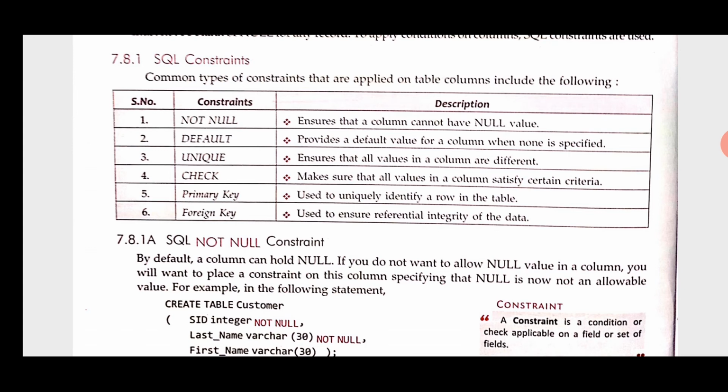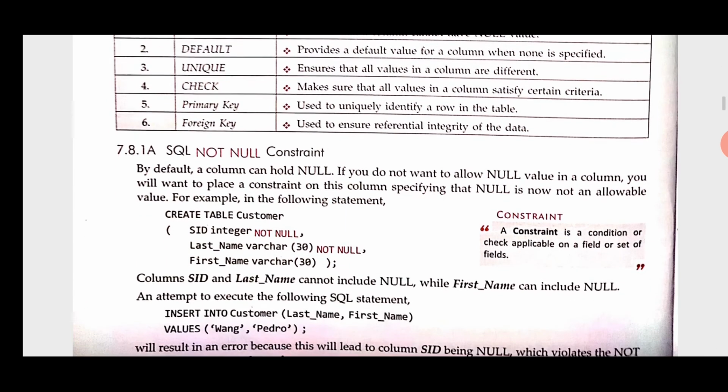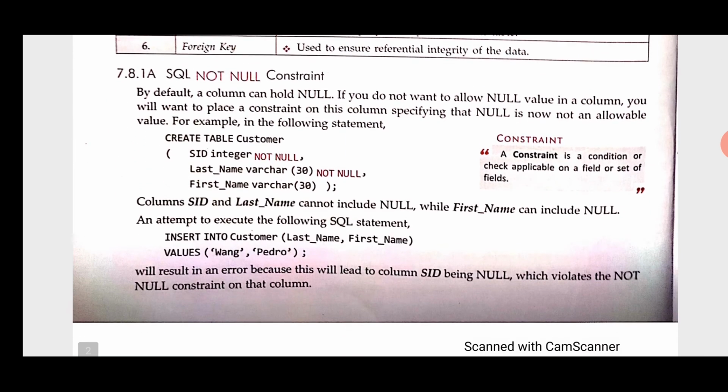Primary key constraint, used to uniquely identify a row in a table. Foreign key constraint, used to ensure referential integrity of the data. One by one we will see all these constraints using examples also.